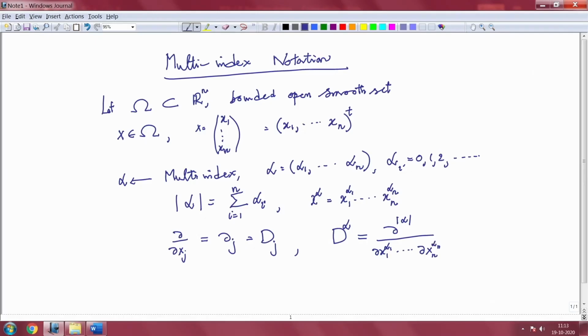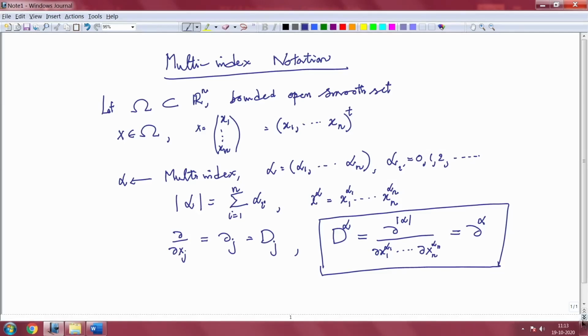If you read different books, people use different notations. So that is about the multi-index notation. Keep this in mind, there is nothing complicated about it. This allows you to write the derivative in a very convenient way.